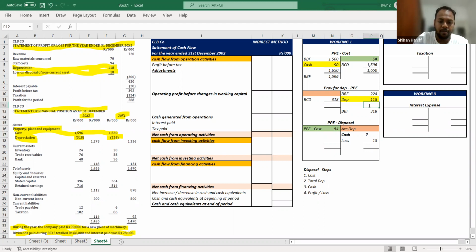And the difference in the provision for depreciation is transferred to disposal. 24. 54, 24. Now the difference in the disposal account.